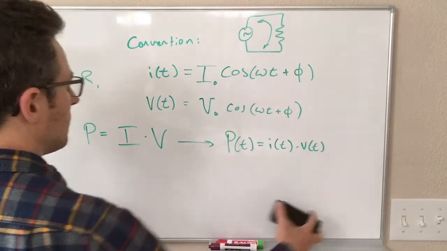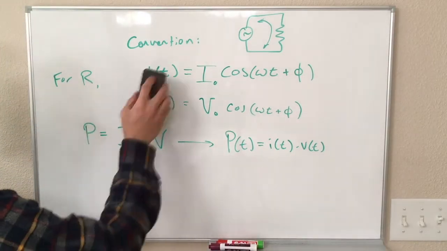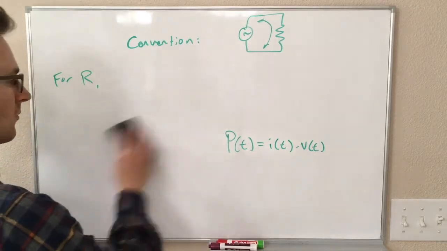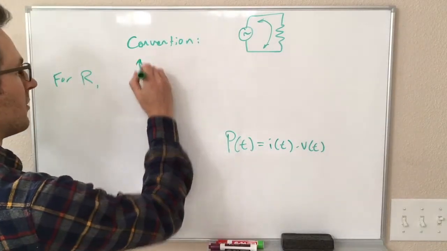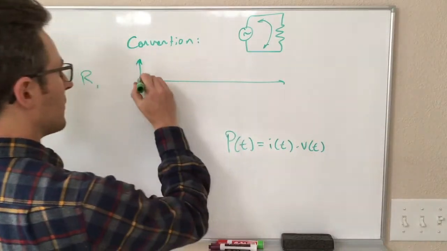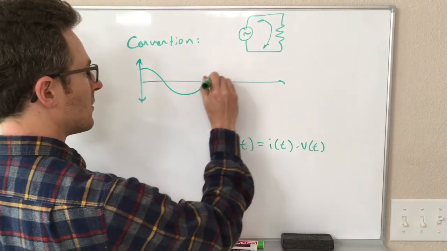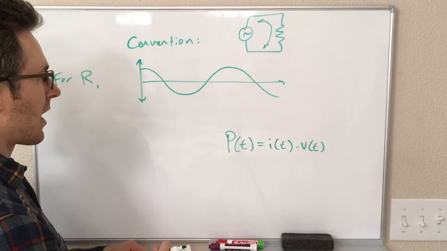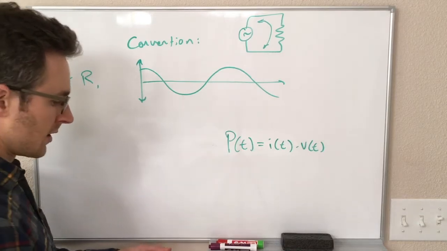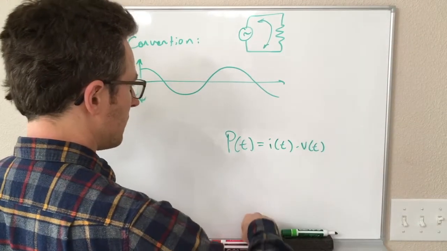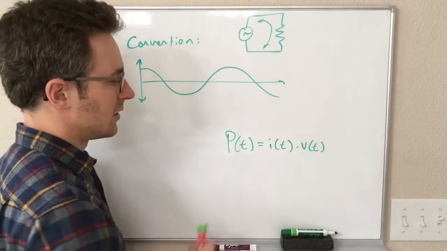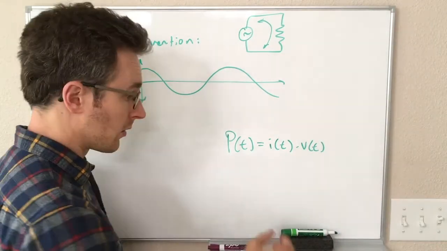So let's draw a little graph here. We know what these look like. So if we have something like this, where our voltage is this cosine, I can draw a graph of what our power looks like. And it turns out that if we're multiplying I times V, we're going to get a cosine squared.